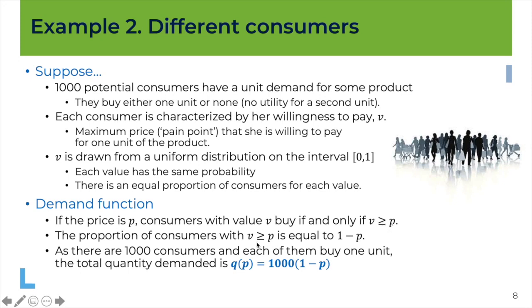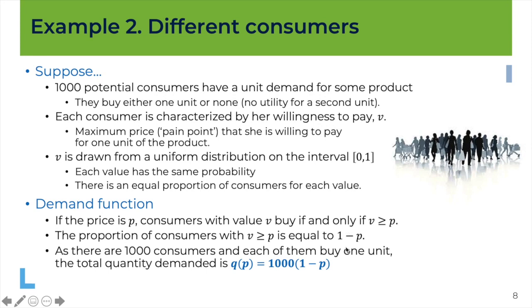Now, how many of them are there? That's where our uniform distribution assumption makes things very easy. The proportion of consumers with V larger than P is just equal to 1 minus P. I repeat, this comes from the fact that V is assumed to be drawn from a uniform distribution on the interval 0, 1.